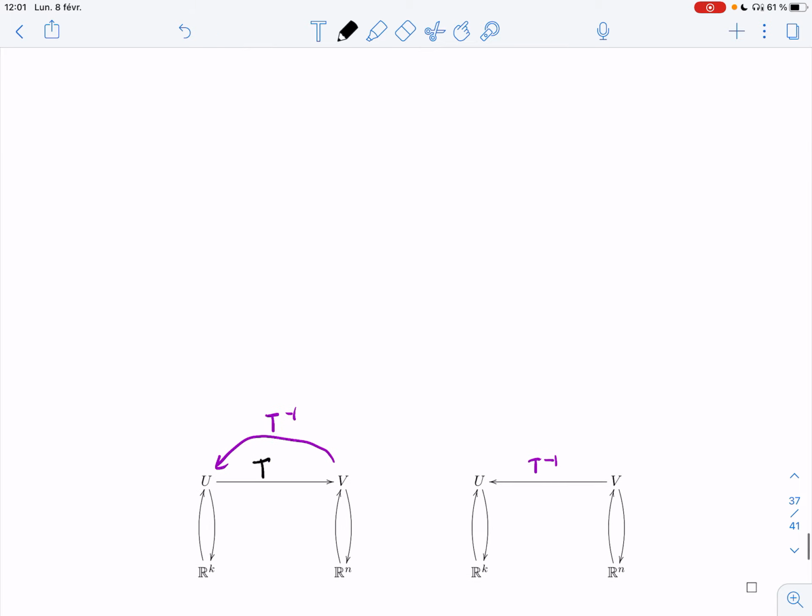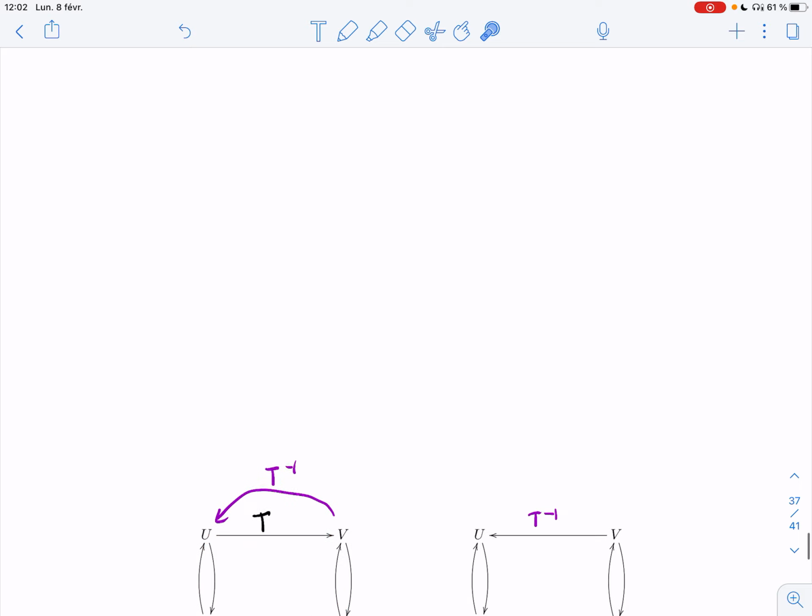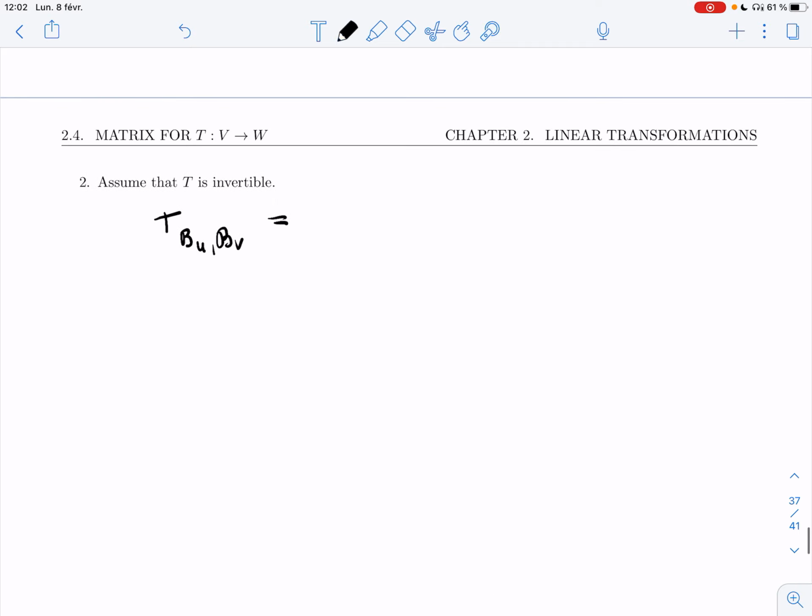Let's spell it out. The map T, BU, BV will take this map, then this, then come back. So that's going to be LBU composed with T, composed with CBV.